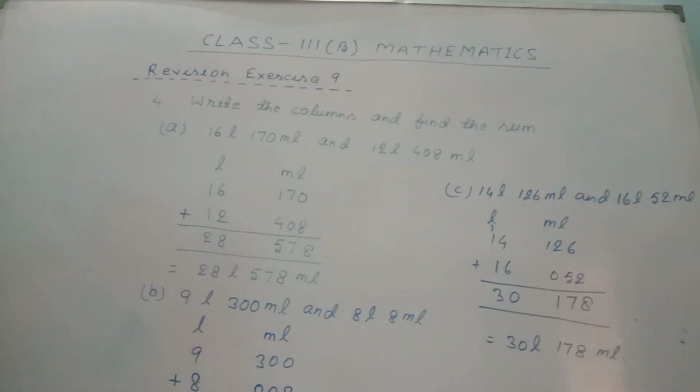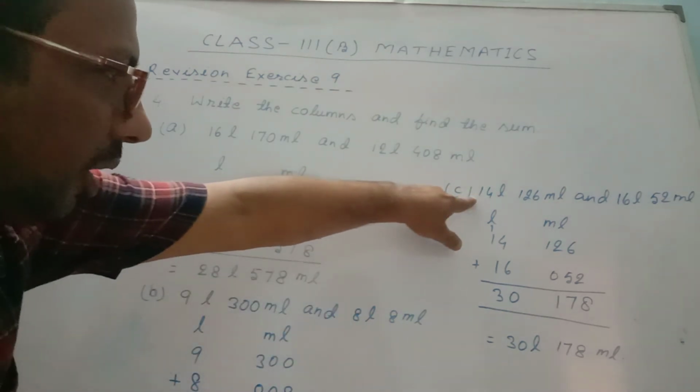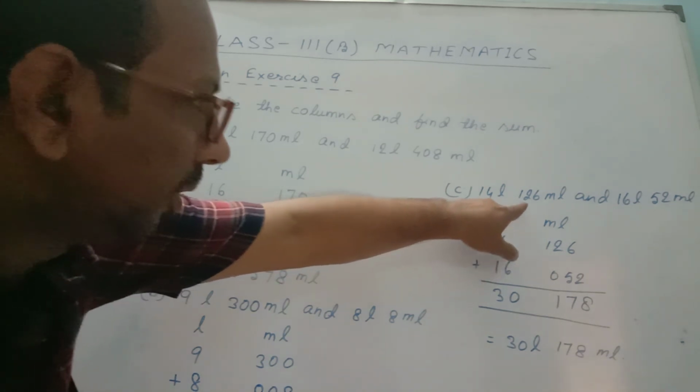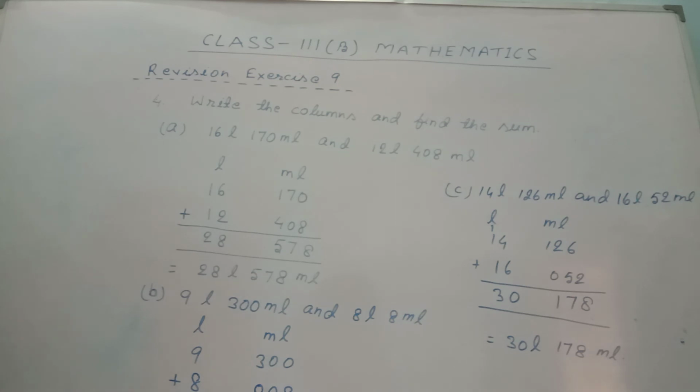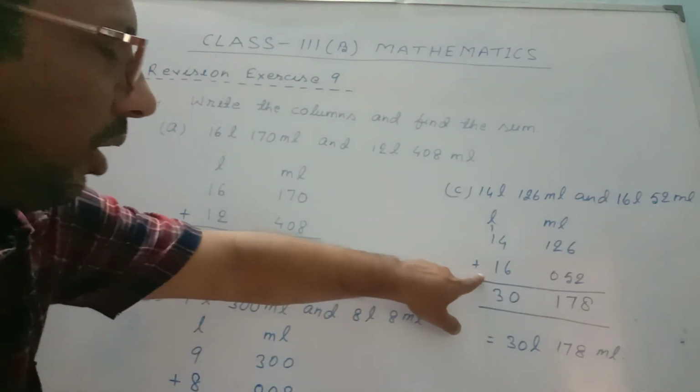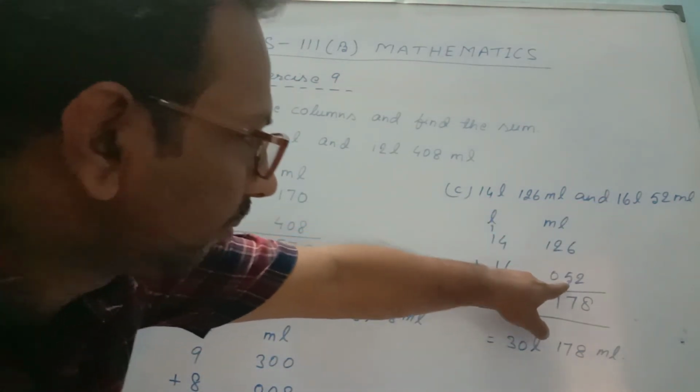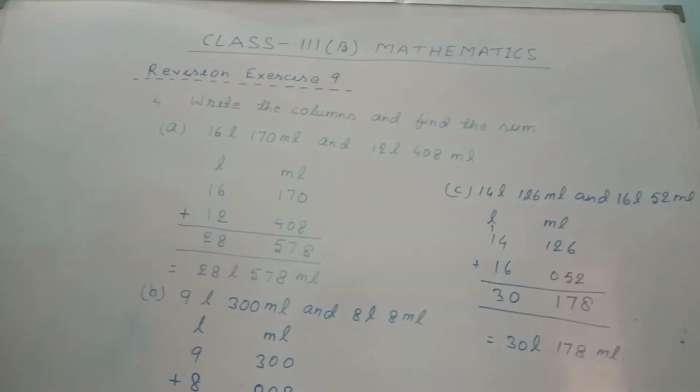Now question number C. 14 liter 126 milliliter and 60 liter 52 milliliter. I made the column of liter and milliliter. In the column of liter I wrote 14. In the column of milliliter I wrote 126. Similarly, in the column of liter I wrote 16, and in the column of milliliter I wrote 52. Now see the arrangement of 52.